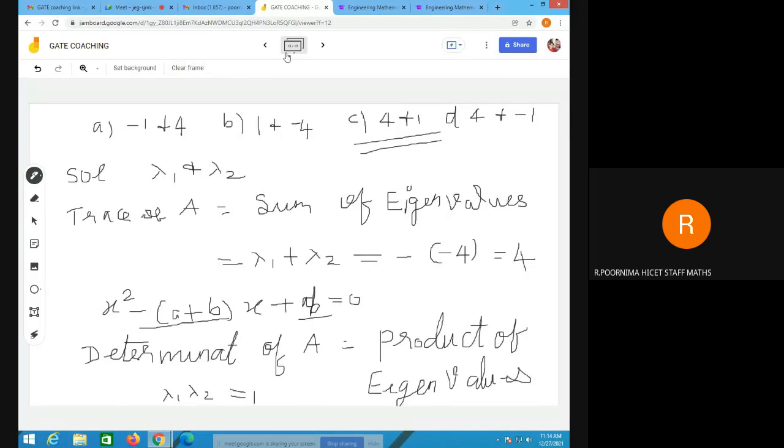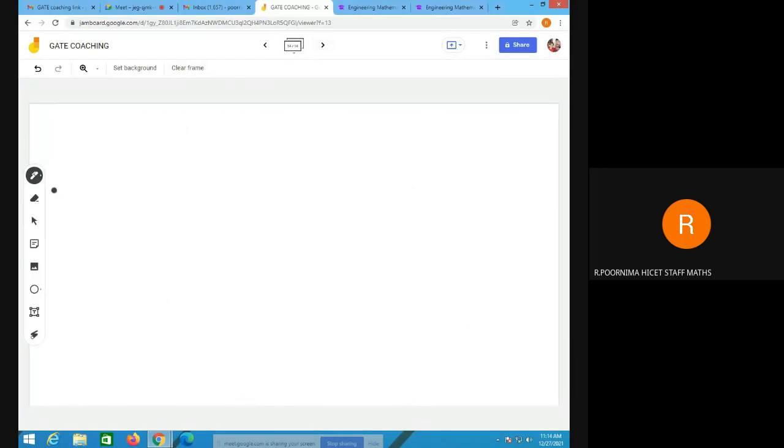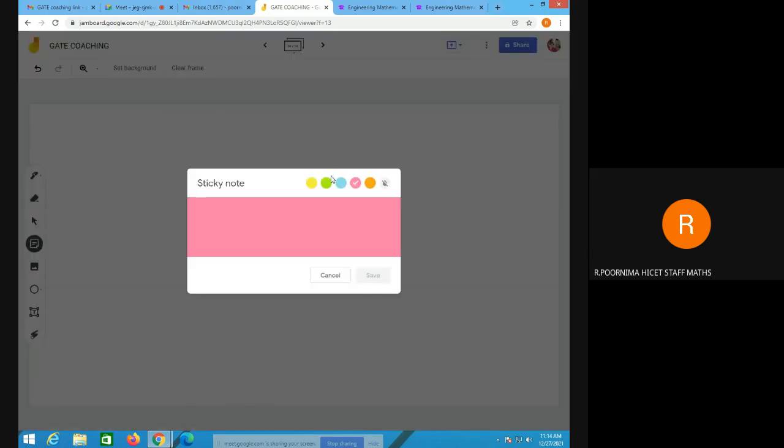The next problem is from probability. You can copy the question; the question is very big.